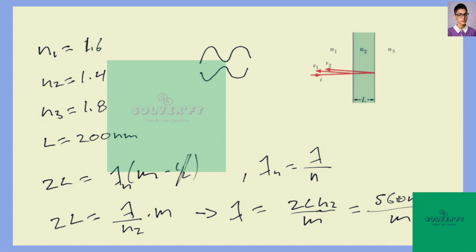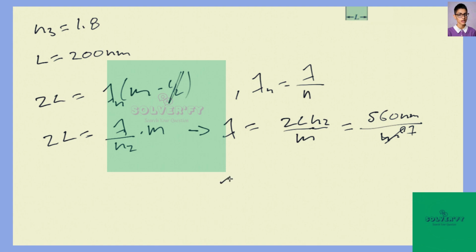Now, the visible spectrum is about 400 to 700 nanometers. So this is in the visible spectrum. So we can just set m to 1 and we'll be in the correct range, to get that lambda equals 560 nanometers.